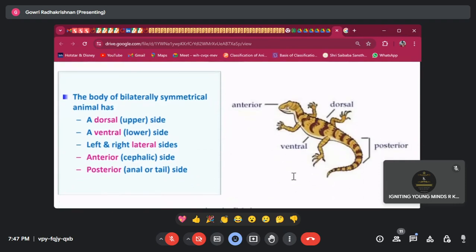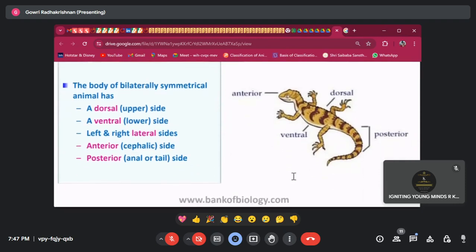Okay. The body of a bilaterally symmetrical animal has what? A dorsal upper side and a ventral lower side. If you take a lizard, what we see is the dorsal side, and the ventral is what we can't see.